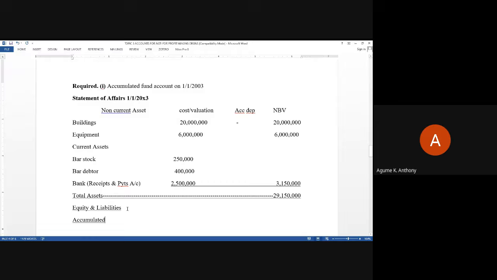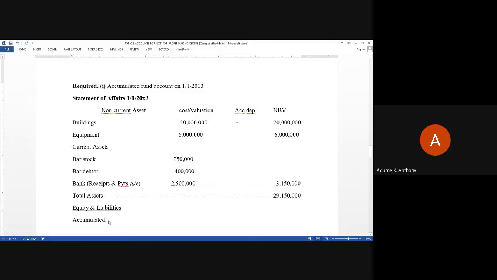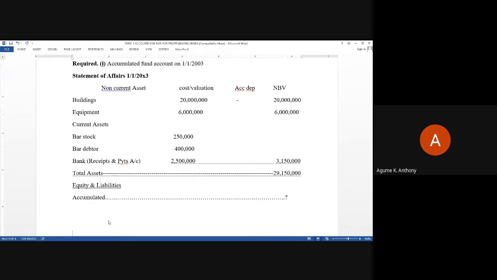It's what I'm looking for. This figure, I do not know, but I am looking for this. Of course, it will be my balancing figure once I get the liabilities.